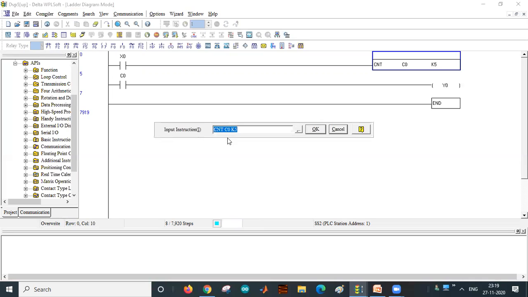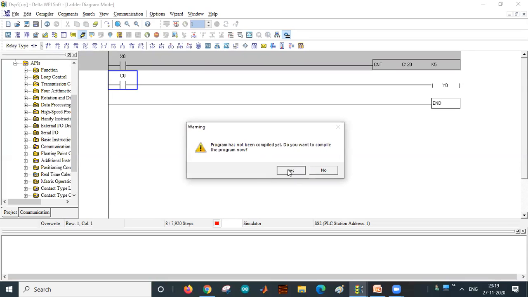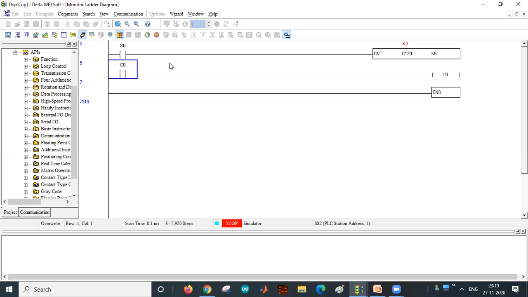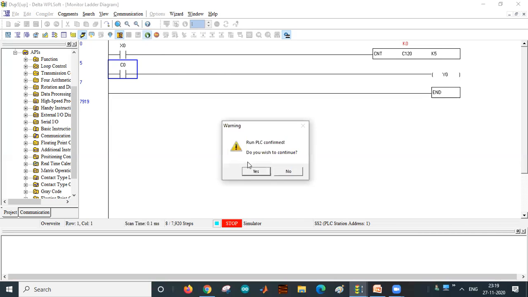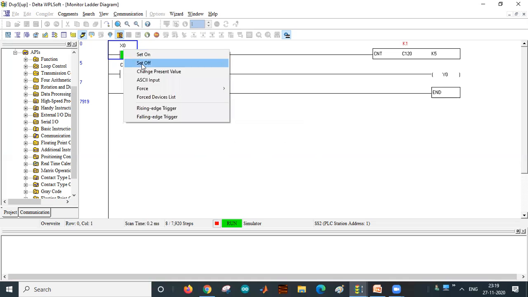See here. C120 is the latched counter. Now when you use the latched counter, see how it works. Make it run. Now the product is detected by the photoelectric sensor and the counter value increments by 1.